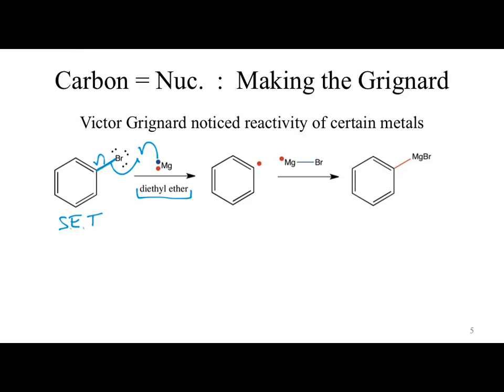I've noticed a lot of people are still having problems with drawing out mechanisms. We draw the arrows first to signify where the electrons are going to move. Then we draw the products of the electrons moving. So if we take a look at this, the bond between the carbon and the bromine, what happened to it? Is it there anymore? No. So we won't show that bond anymore.